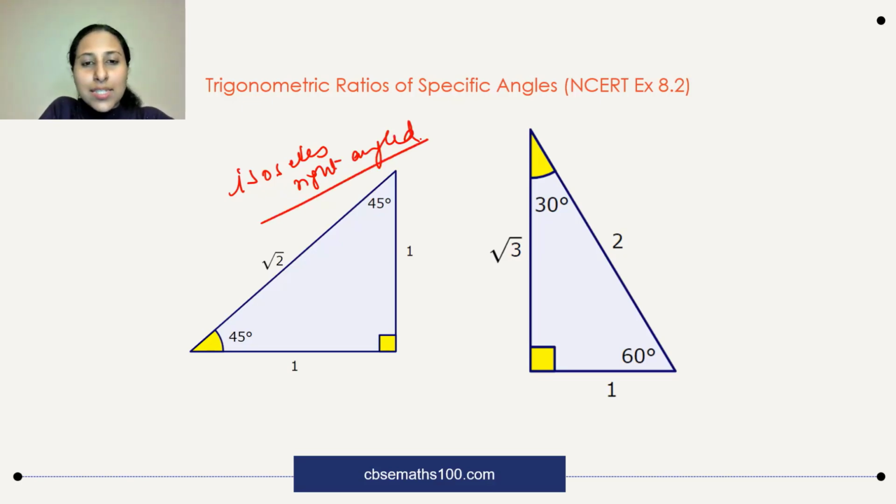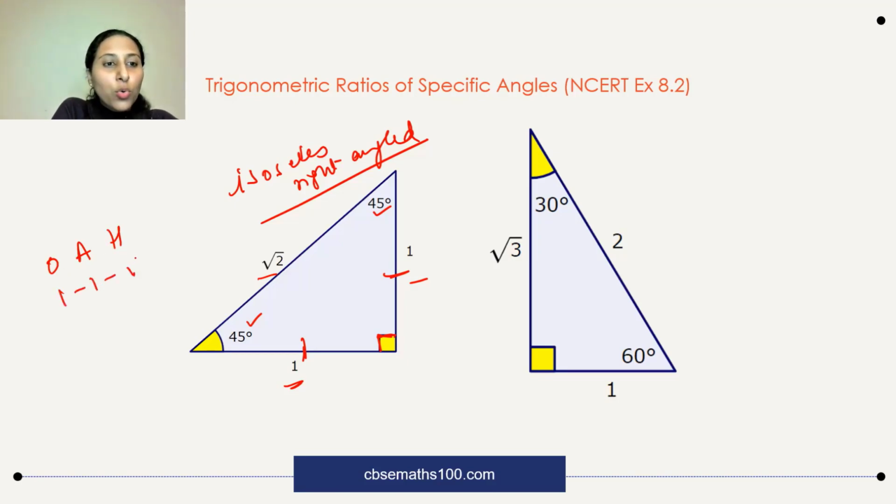Now, in this isosceles right-angled triangle, you have a 90 degrees here. You have a 45 degrees here, 45 degrees here. Of course, because it is isosceles, the remaining two angles sum to 90, so they should be equal, they should be 45. I will take these sides as 1 and this hypotenuse as root 2. So I am taking opposite, adjacent, hypotenuse as 1, 1, root 2 with respect to this 45.